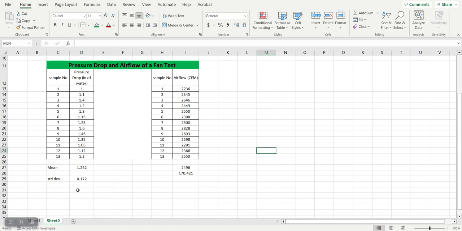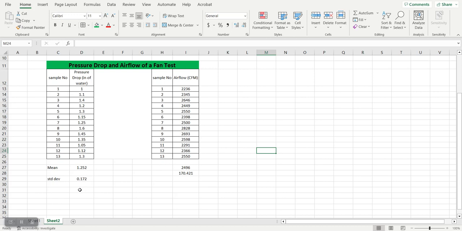So for instance here if I consider the pressure drop data, the mean pressure drop is 1.252 for this specific fan, and the standard deviation is 0.172.